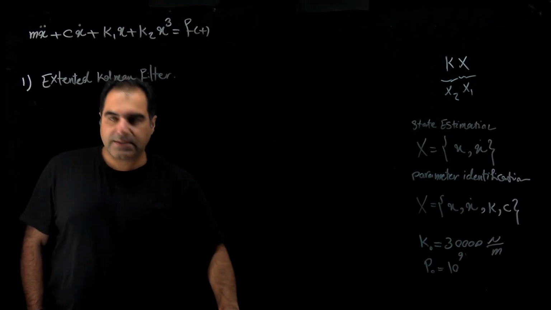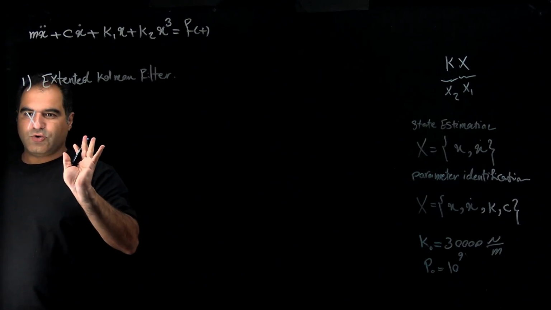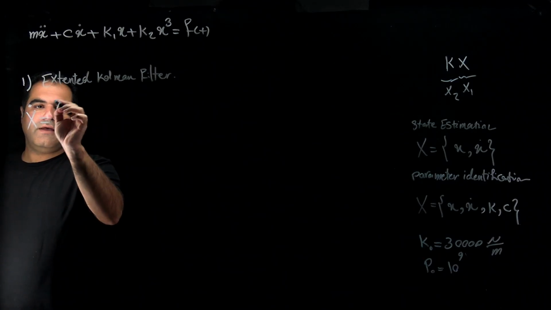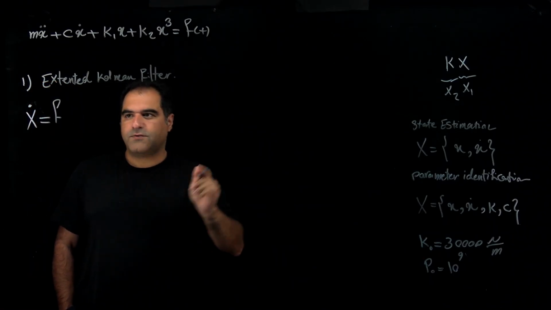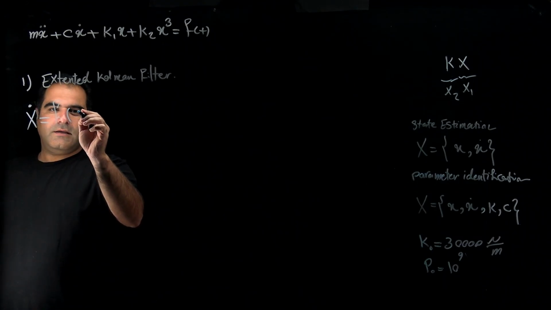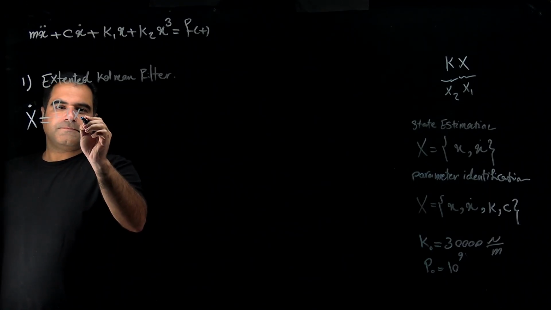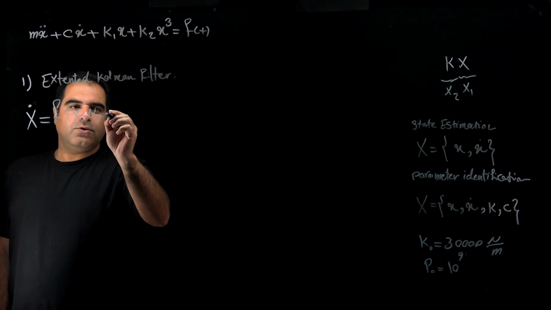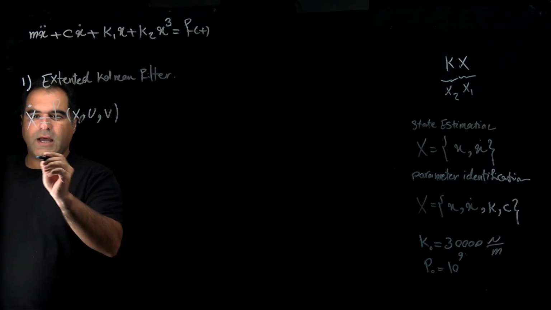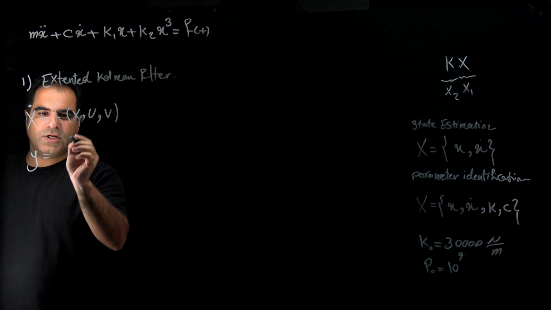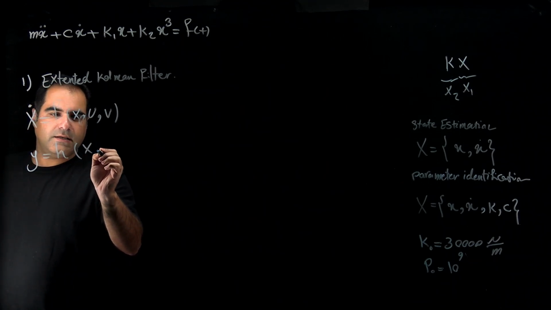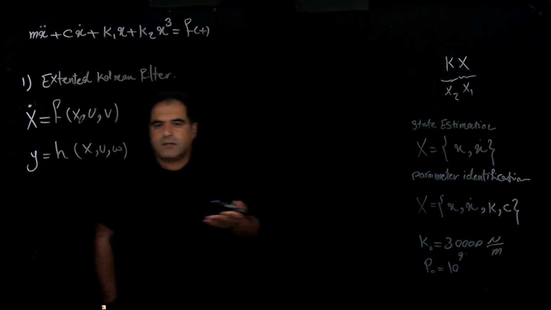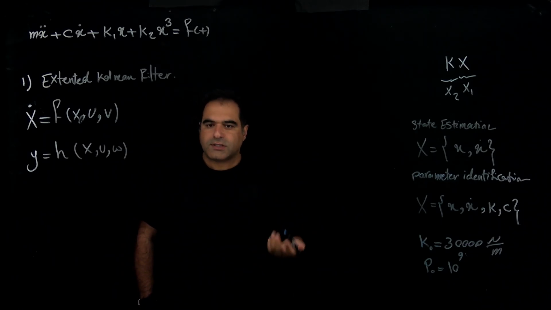Assume you have X in a continuous domain, you have X dot, which is equal to F, an arbitrary nonlinear function of your state vector, your input, and your noise, and you have your measurement function, which is an arbitrary function h of your states, your excitations, and your measurement noise. This is an arbitrary nonlinear function. Then you cannot write it in a matrix form.